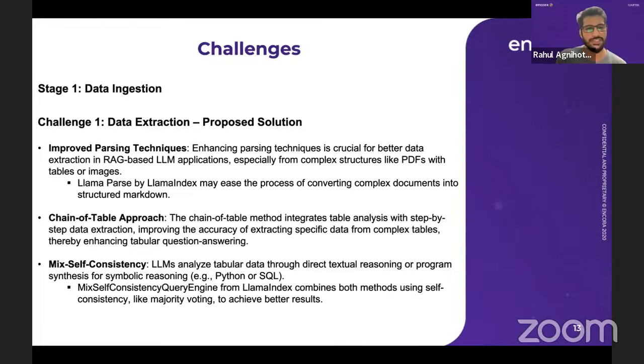What the chain of table approach will do is analyze your tables and fetch the relevant columns and rows based on the query. It's just going to analyze the schema, write the SQL query, and fetch the relevant information out of it, and then you can process that. Then the second step is the mix consistency table.